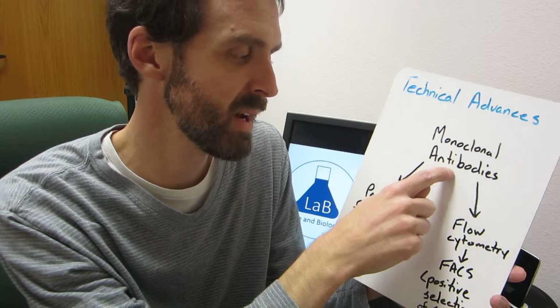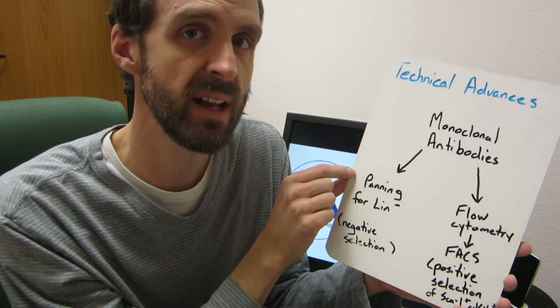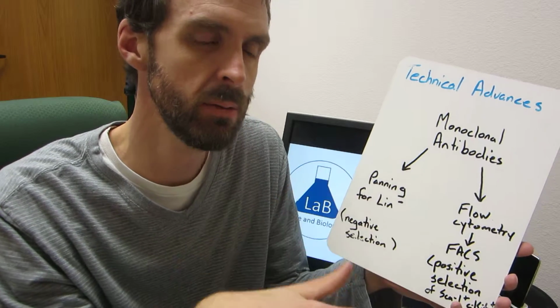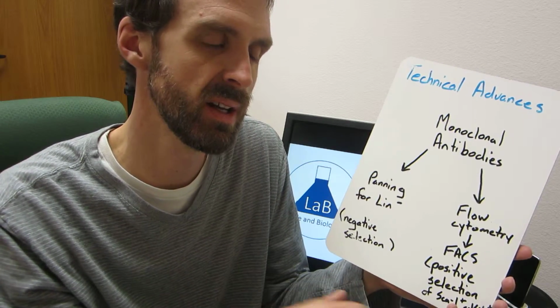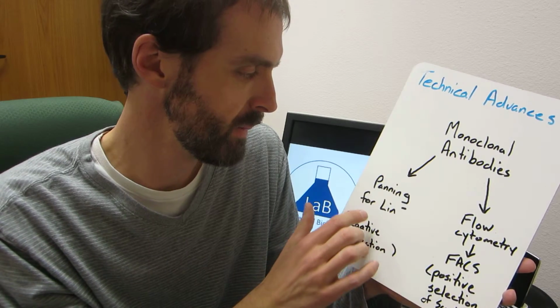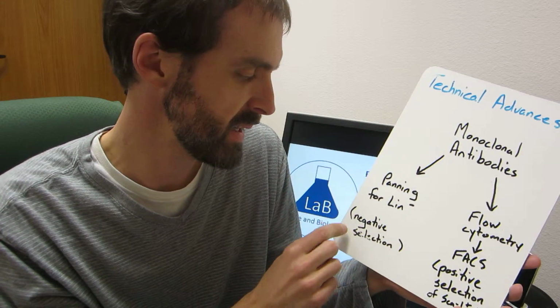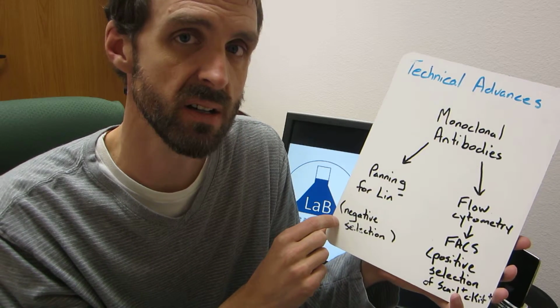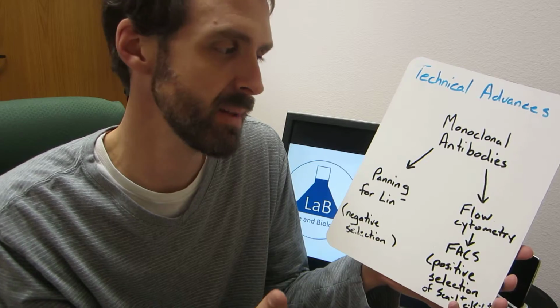And these antibodies were used for 2 different things. One, they were used for the panning. That's where you have the mix of antibodies that can bind to all the different lineage markers stuck onto the plate. So you use antibody for that portion of the technique, and once again that's called negative selection because you're selecting the cells that did not stick to the plate.